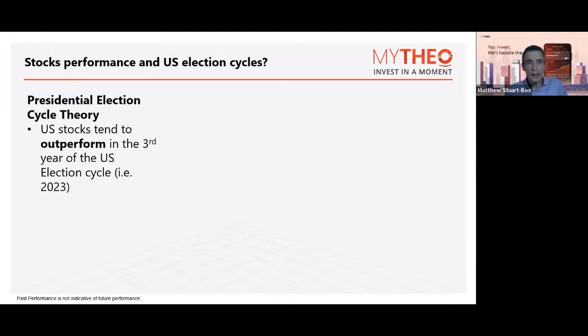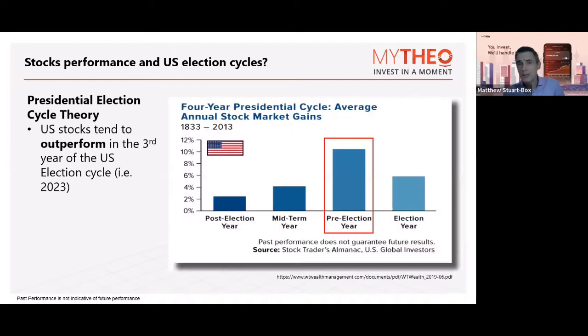Biden started his presidency last year, so we are currently in year 2 of the presidential cycle. The 3rd year of the Biden cycle would be next year, 2023. And if we look at the data, this is what it looks like. This is from a very long history, looking back 180 years of data, splitting it into these 4 years of the cycle.